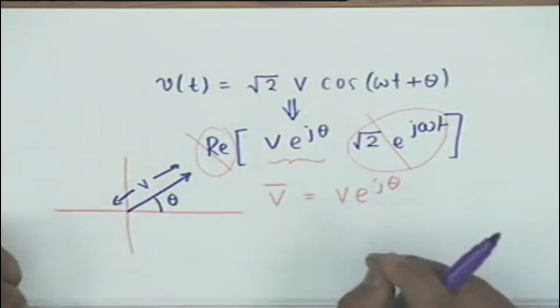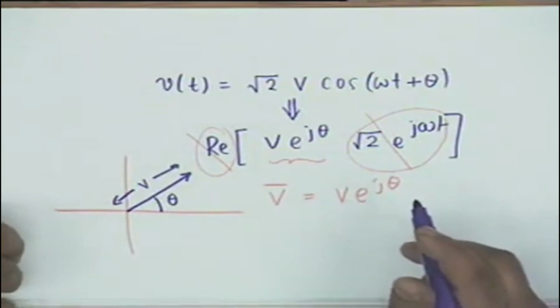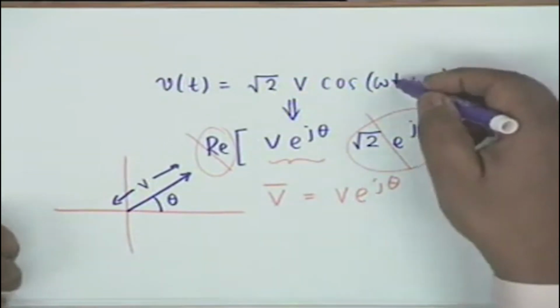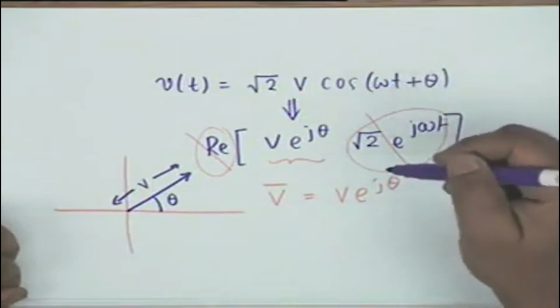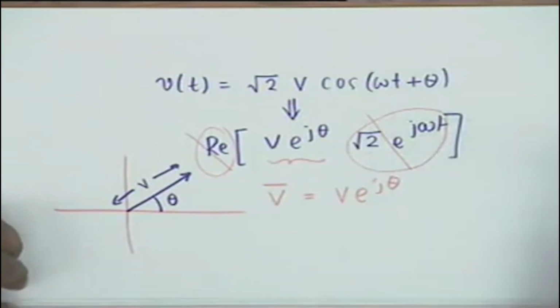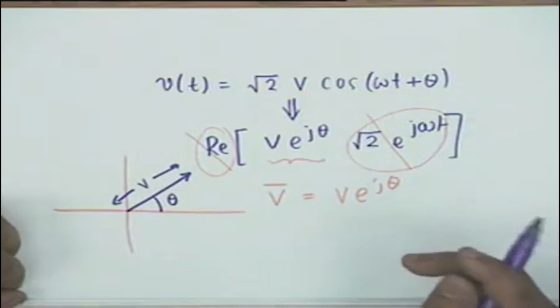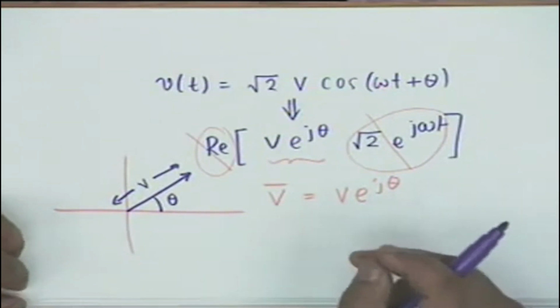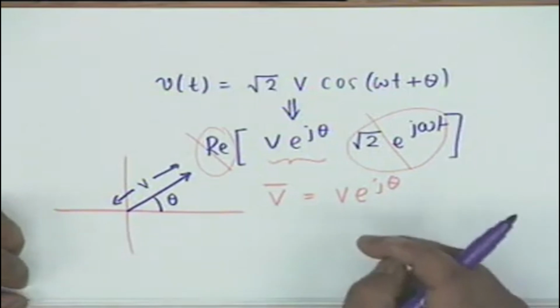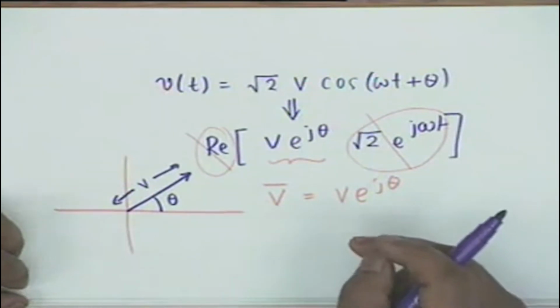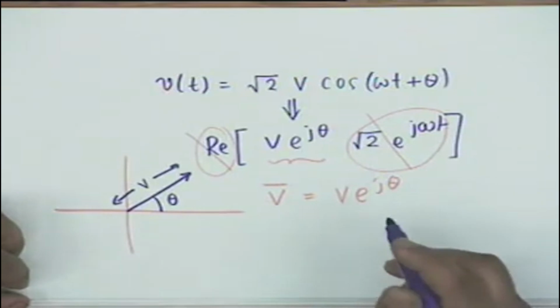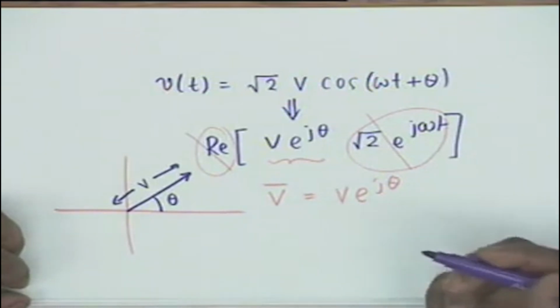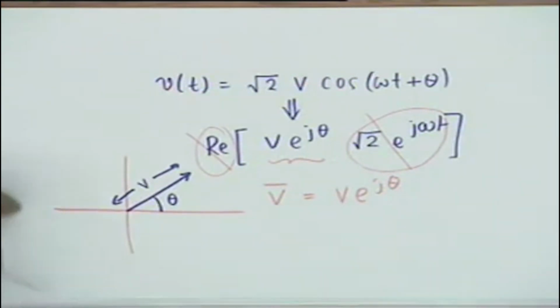If we do this, then obviously this is a transformation from the time domain into the complex number domain, and it has been shown that with the help of phasors, steady state circuit analysis, or forced response of a circuit to a sinusoidal excitation, becomes extremely simple.